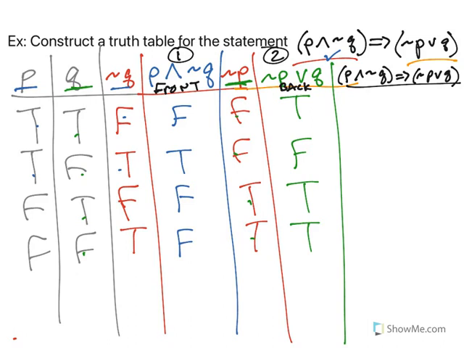So I'm going with false, true. Okay, so we're going to be true because we are only false when the front is true and the back is false, like you see on the next one. So that's false. False, true is going to give us a true. False, true is going to give us a true. So our truth table last column is true, false, true, true.